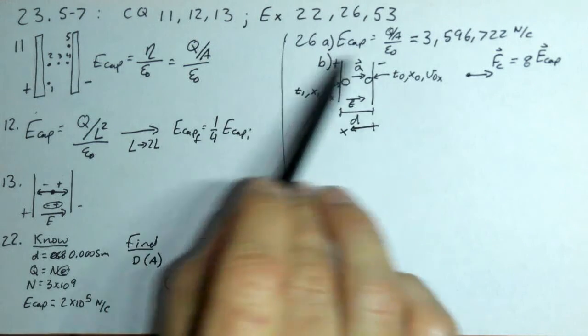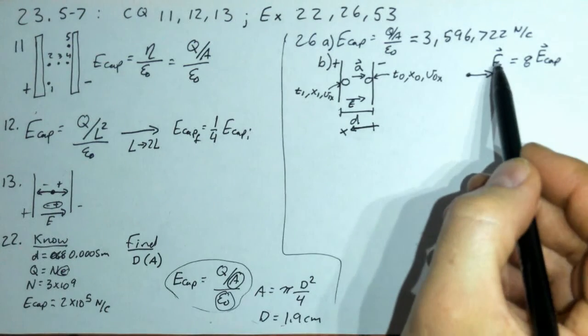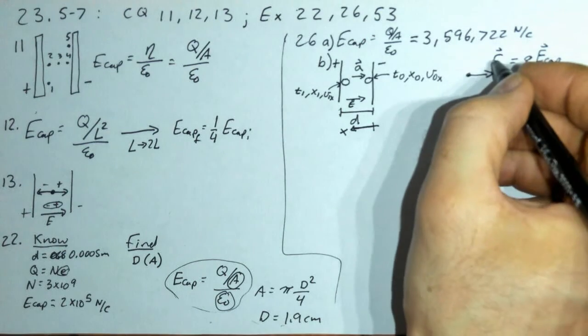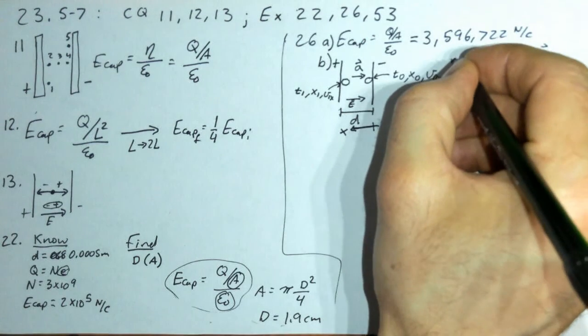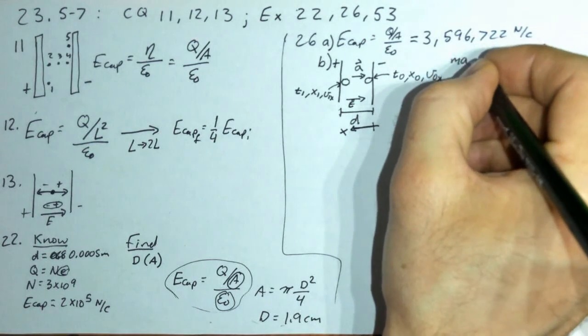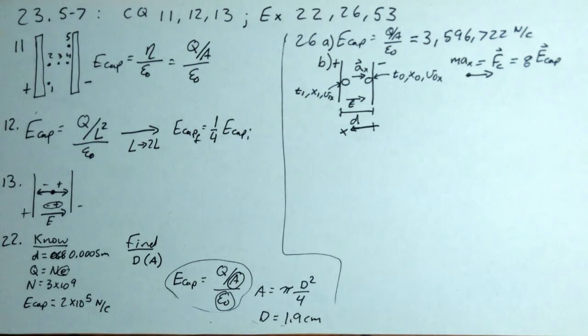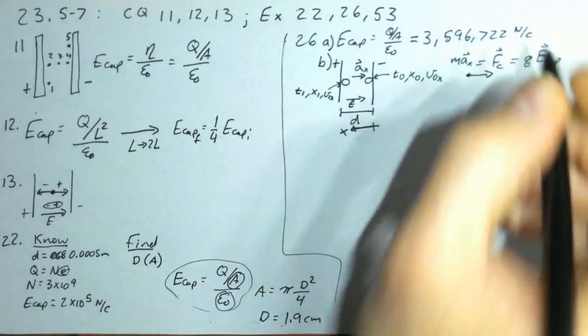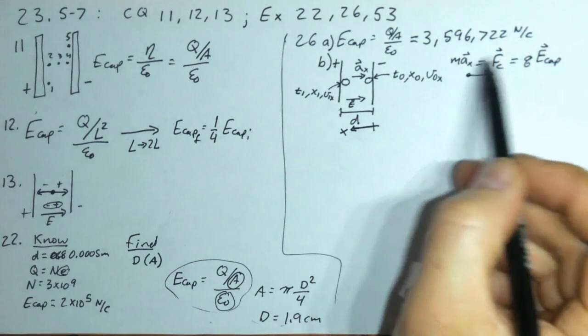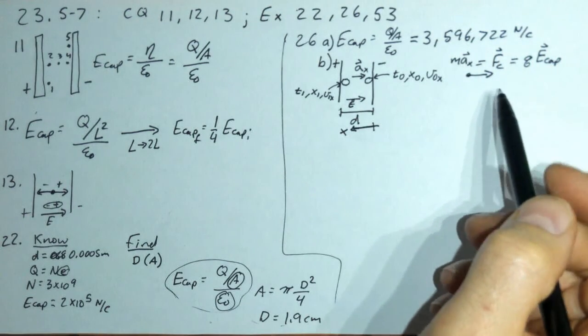So here's all kinematics. Here's Newton's second law relating this to mass times acceleration. I better put an X here to emphasize it's the X direction. And so now I can relate the acceleration to the electric field.